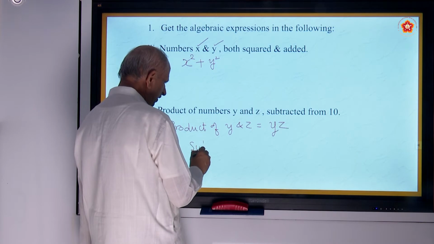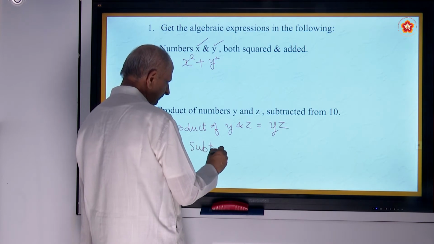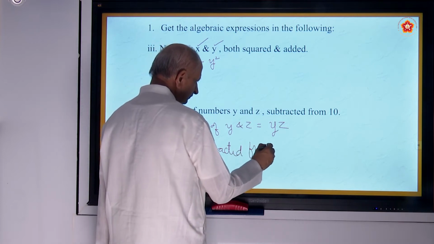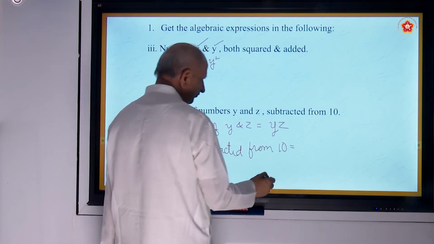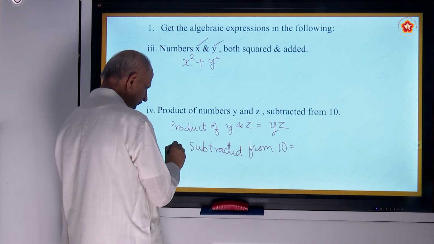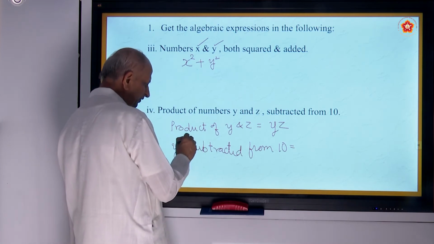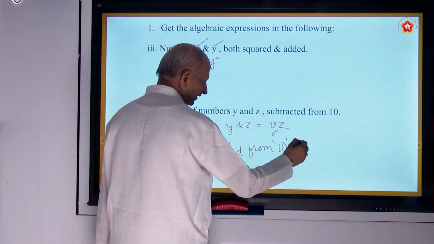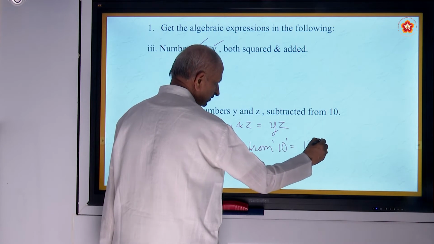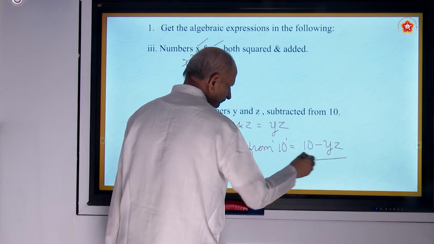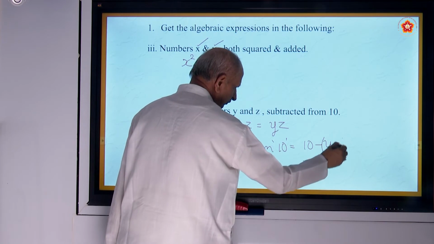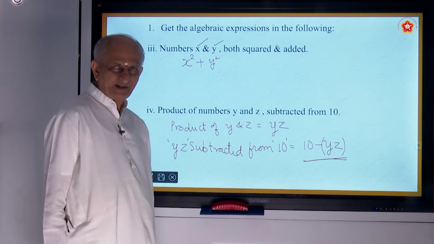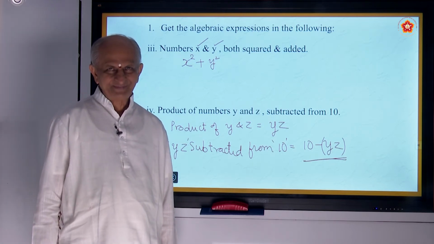From means 10 should come first. Product YZ subtracted from 10 means 10 should come first: 10 minus YZ. You can put a bracket if you want. 10 minus YZ. Can you write it? Very simple, correct? Okay.